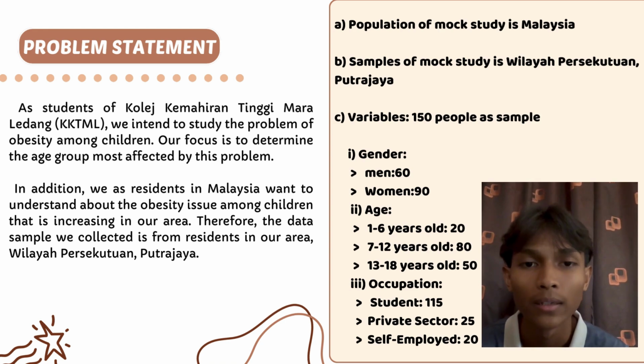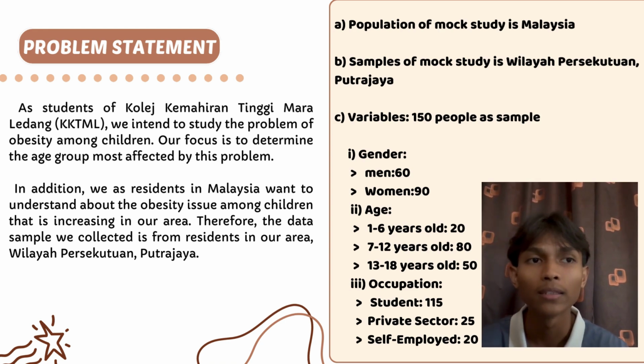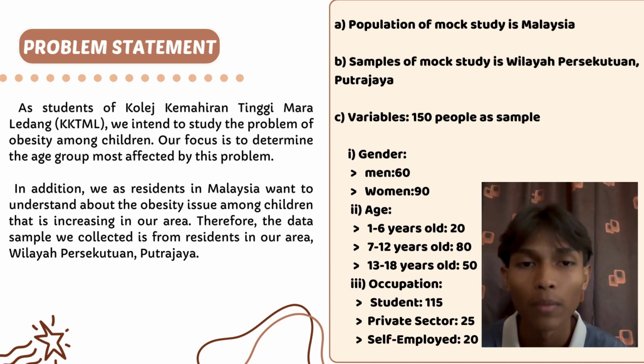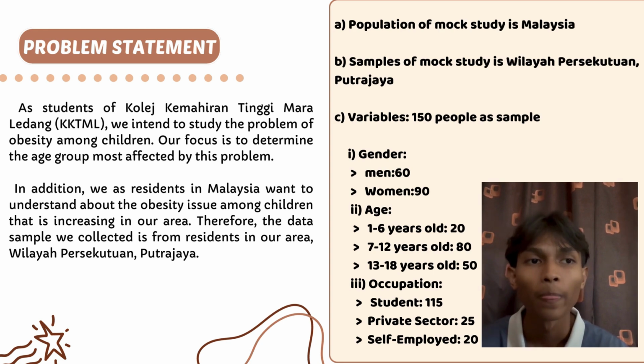About gender, men is 60 people, women 19 people. About age, 1 to 6 years old is 20, 7 to 12 years old is 80, 13 to 18 years old is 50.